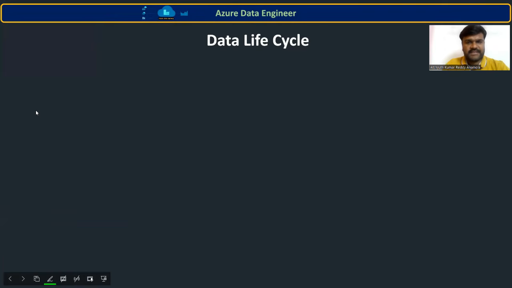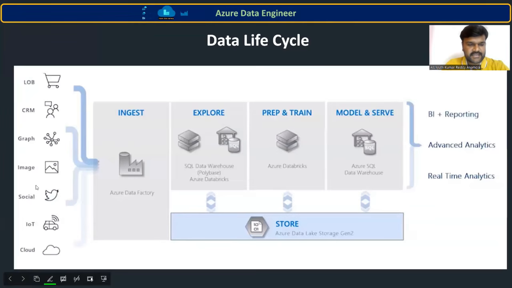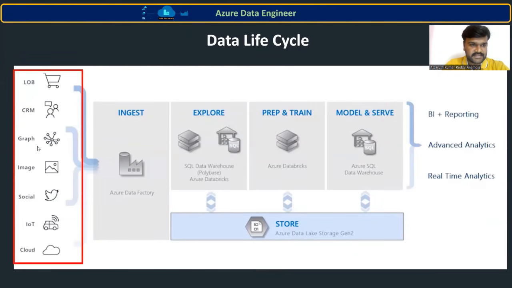So let us try to understand this data life cycle with a simple diagram. This is the diagram we are going to use, and it is very simple to understand. For any organization or business, for example any e-commerce business, the data exists in different locations and in different forms.